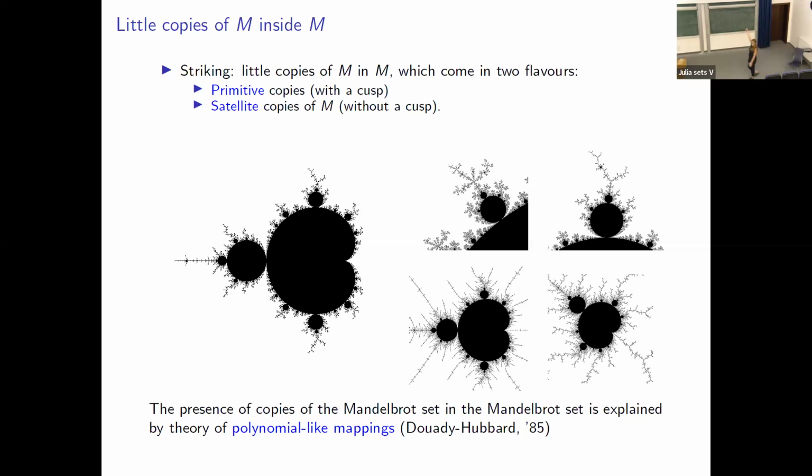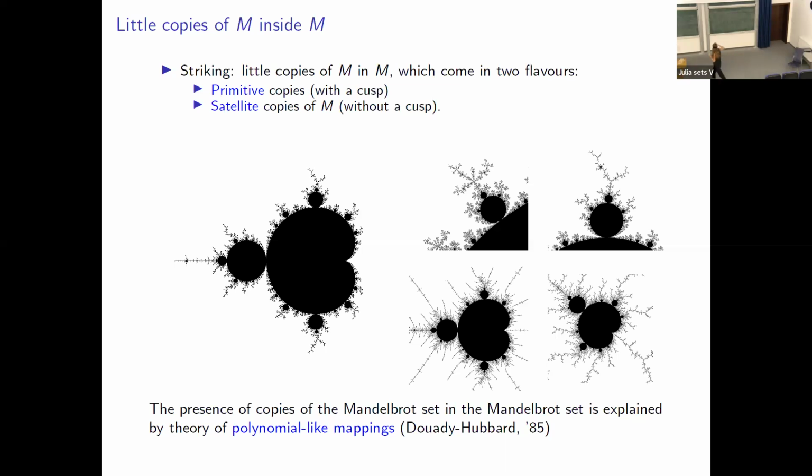And just looking, we can see that these copies of the Mandelbrot set come in two different flavors. Some have a cusp, and some don't. And we call the copies with cusps primitive, and the others satellites. Satellites, I guess, because they are attached like satellites around the main Mandelbrot set.